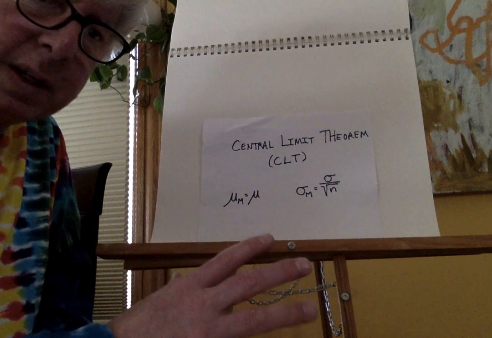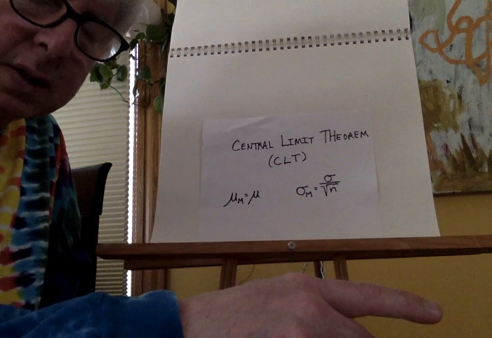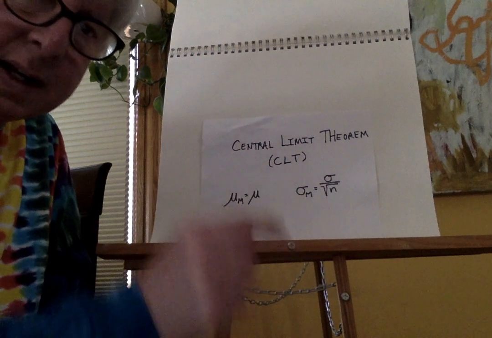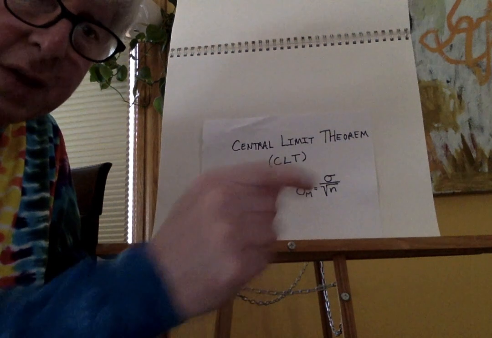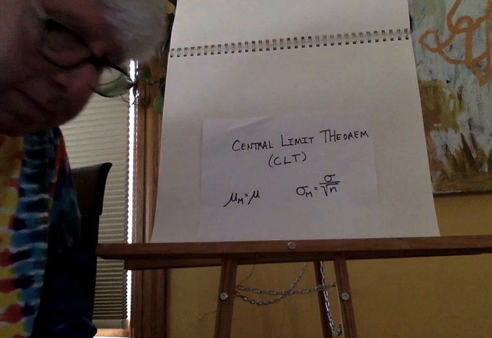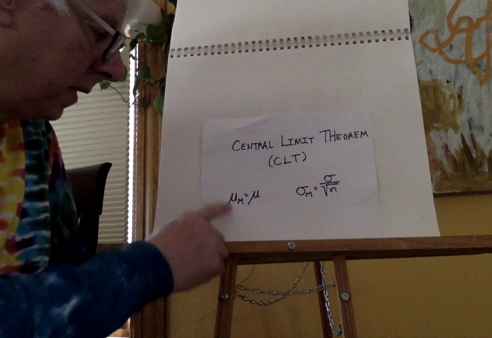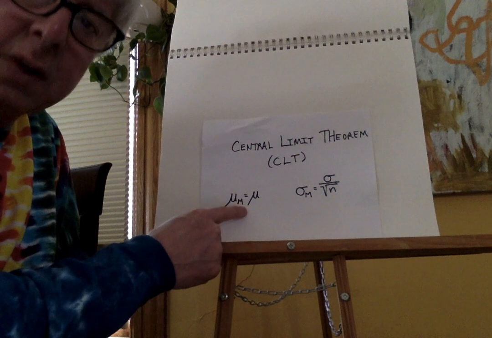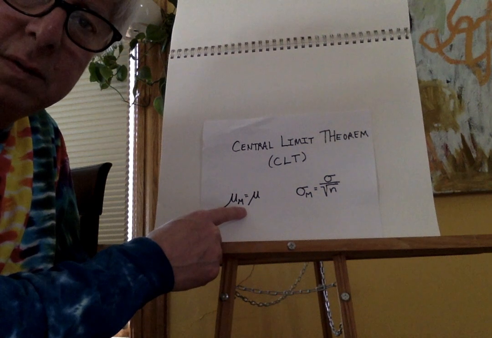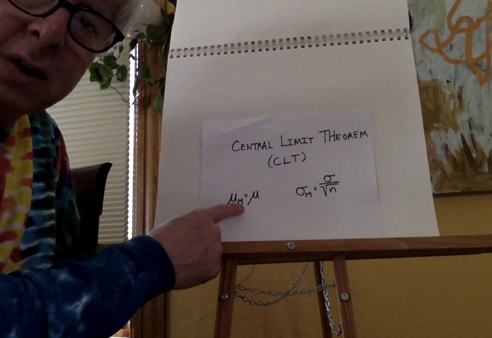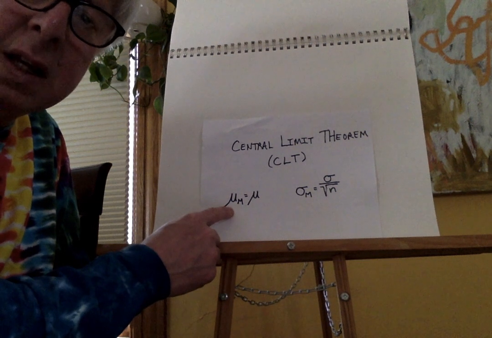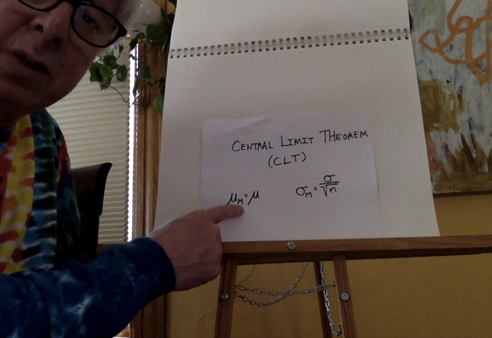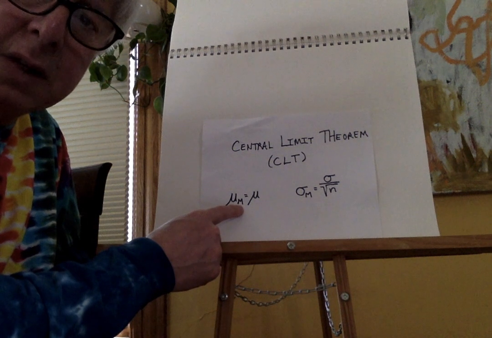When we have our sampling distribution of sample means, where we plotted each of the sample means, 1,000, 10,000, however many, this tells me the overall mean of all the sample means. This is the mean for my sampling distribution of sample means.